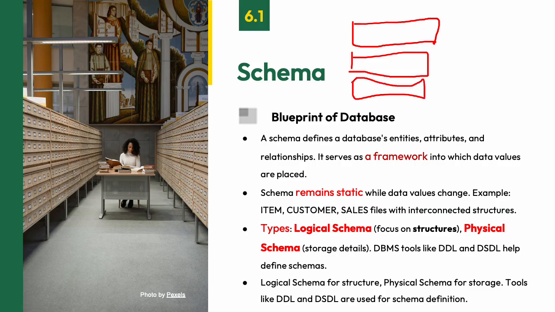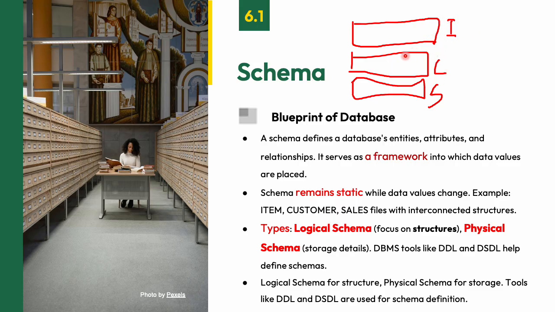The attributes for the items might have item ID, name, and price. This is for the item attributes.